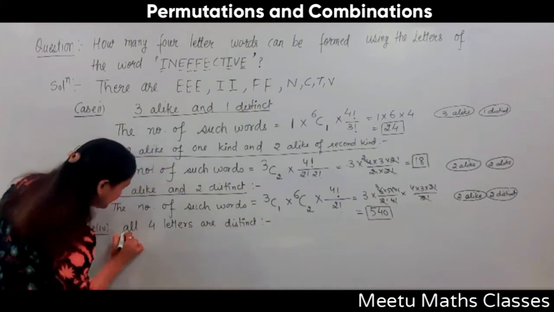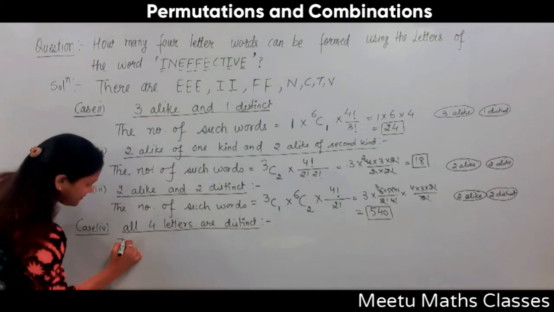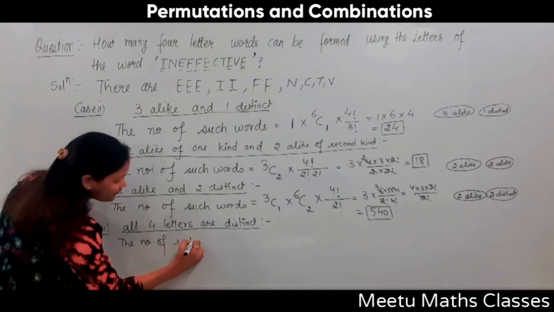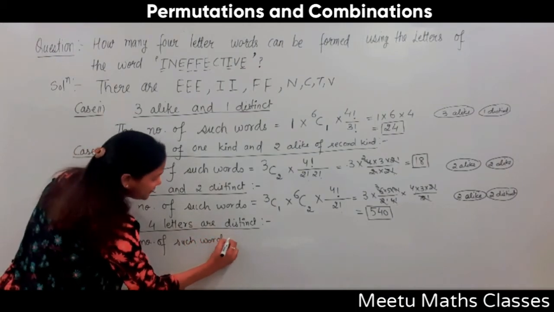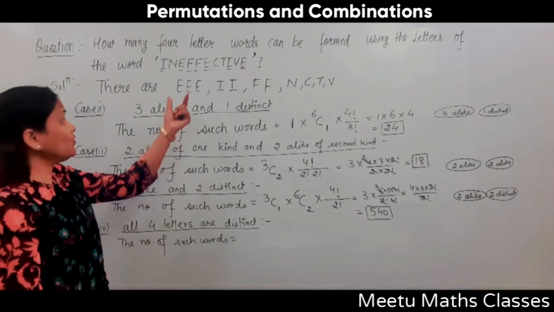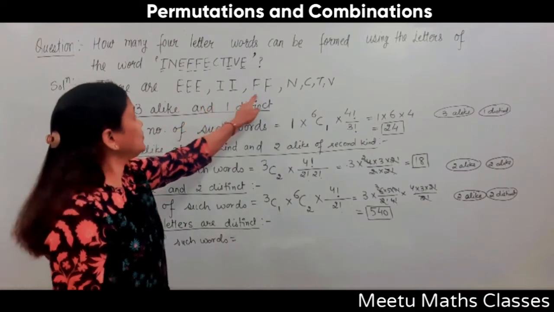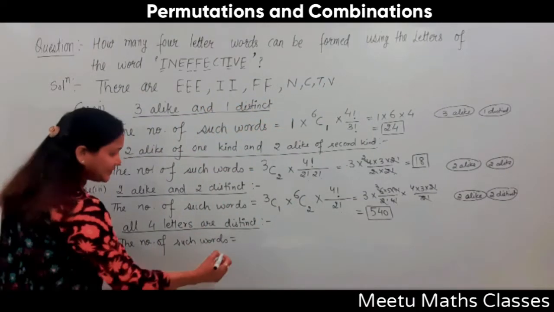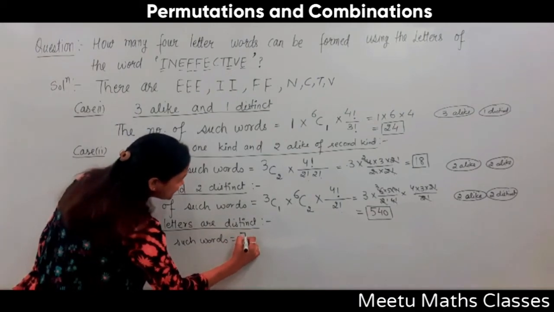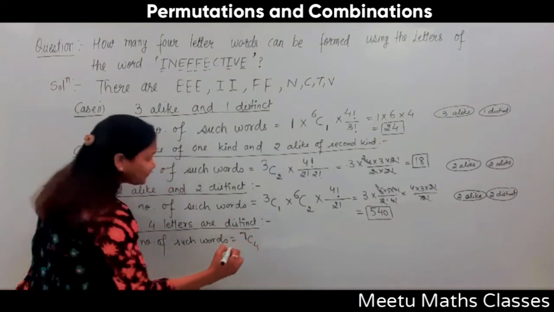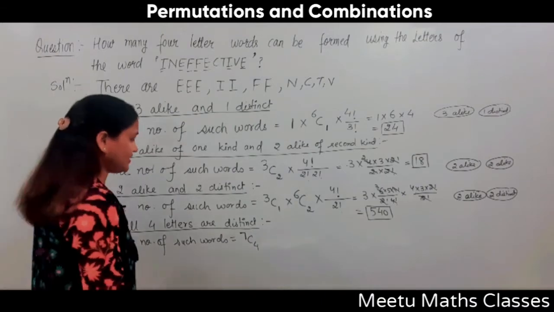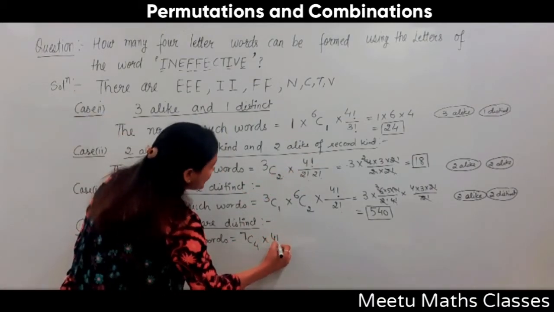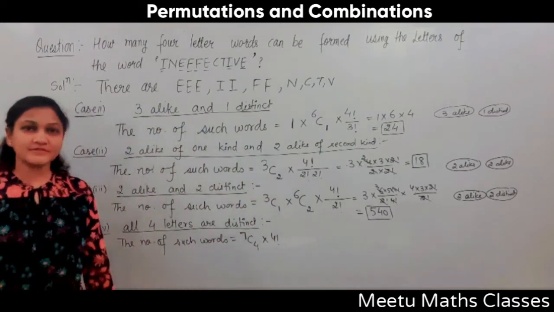The number of such words will be: you are given 1, 2, 3, 4, 5, 6, 7 distinct letters available, and out of these 7 distinct letters we are going to choose 4, and then since all the 4 letters are distinct, we can arrange them in 4 factorial ways.